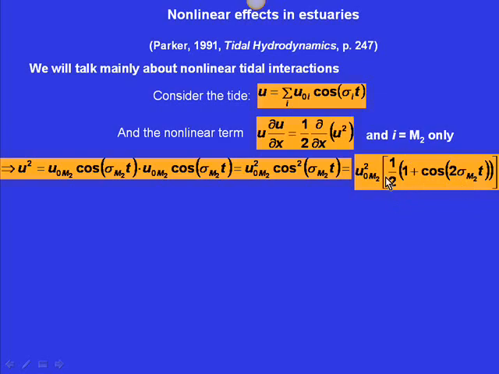This zero frequency means that there are no variations in time. So this is a residual. This would be the residual flow, right? So a nonlinear interaction of the tide with itself will generate a residual flow. That is a mean flow. When you average over the tidal cycle, you'll get this, and you'll get this. What is this?